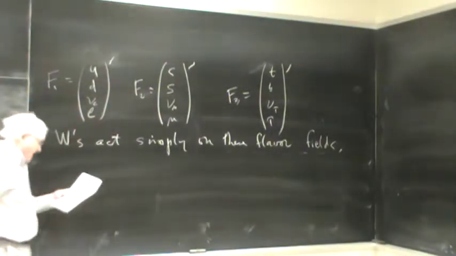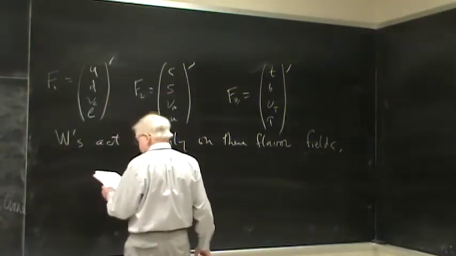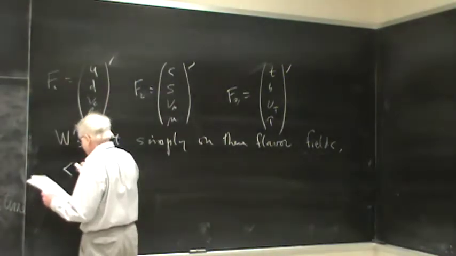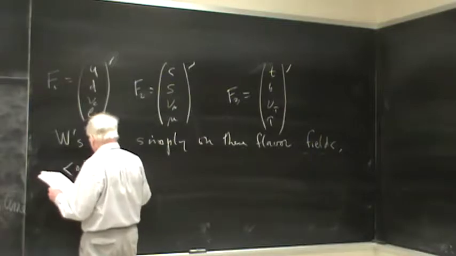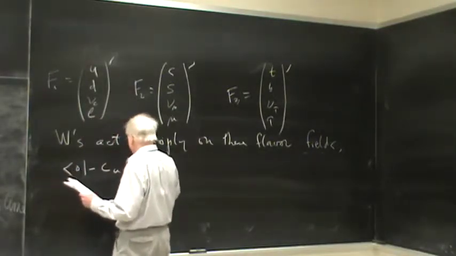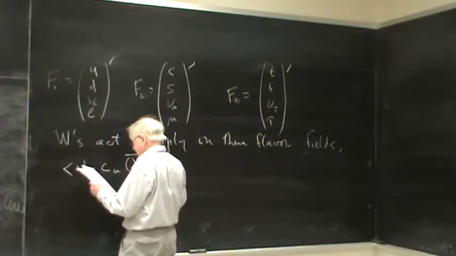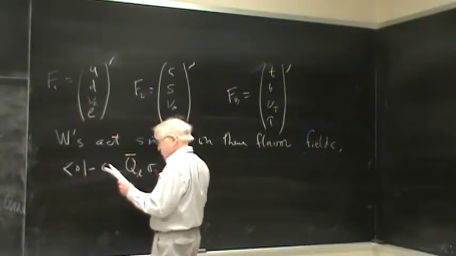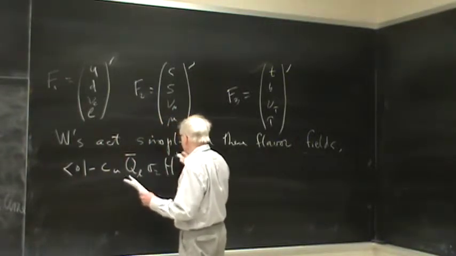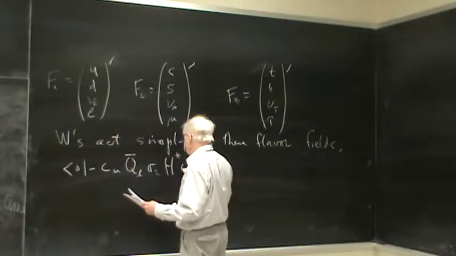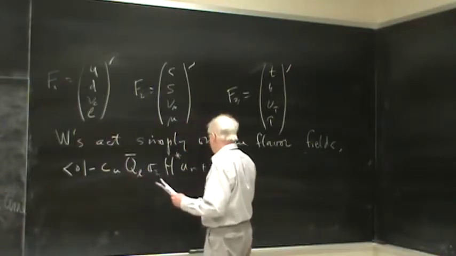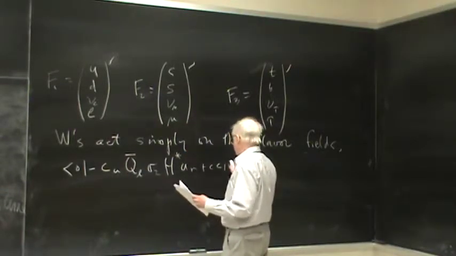Now, remember we had these various Higgs terms. We said that in the vacuum we had something like minus C_u, Q bar left, sigma 2, H star, u right, plus complex conjugate or Hermitian conjugate.